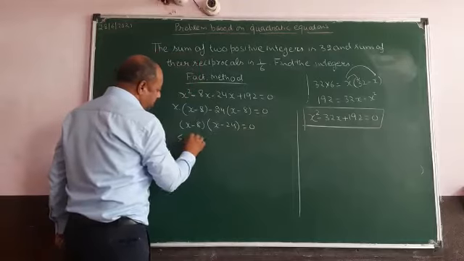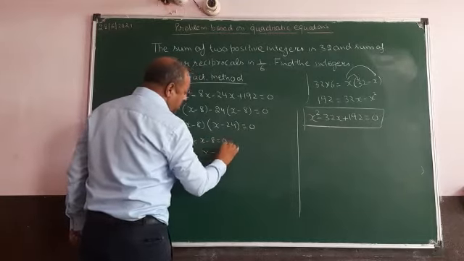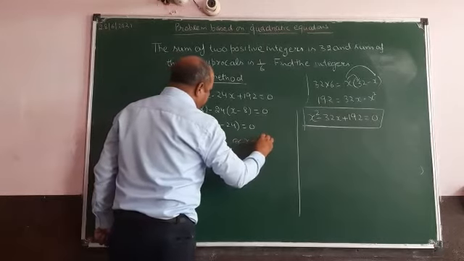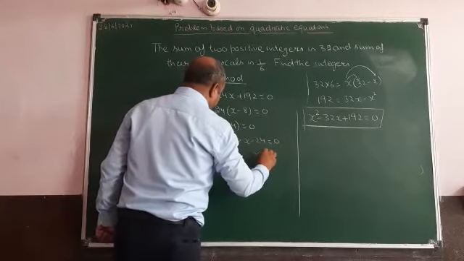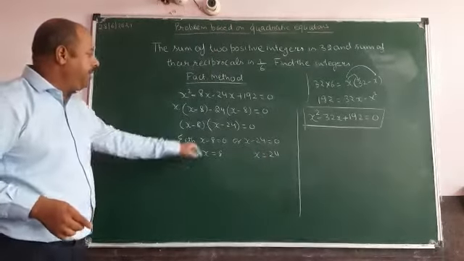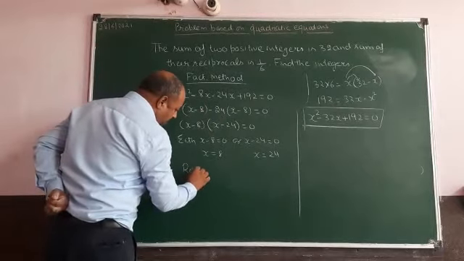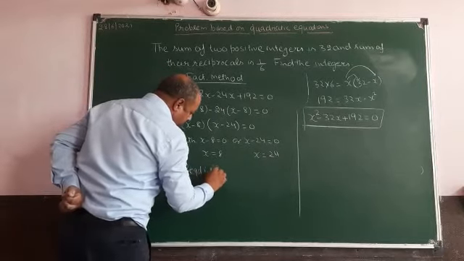That means either x minus 8 is 0, that is x equal to 8, or x minus 24 equal to 0, so x will be 24. So you can give any answer of your choice, whether 8 or 24. So the required integers are 8 and 24.